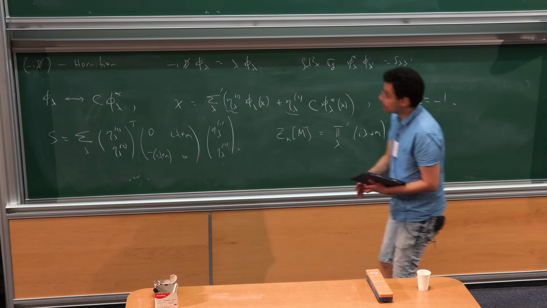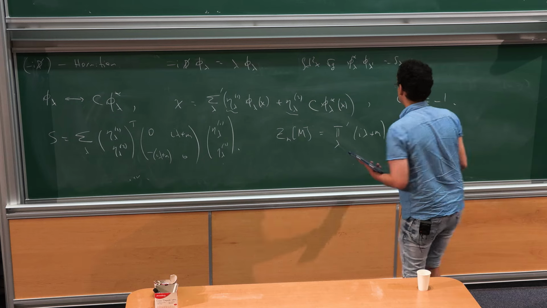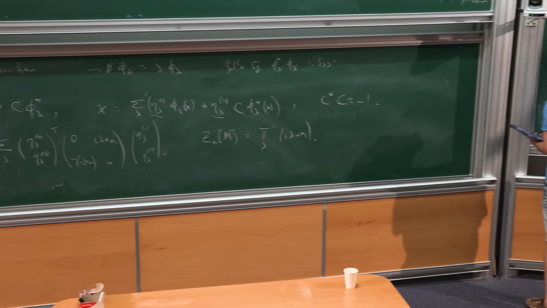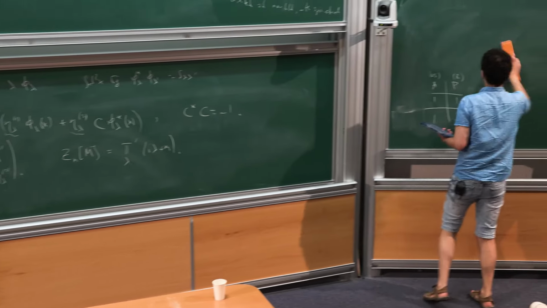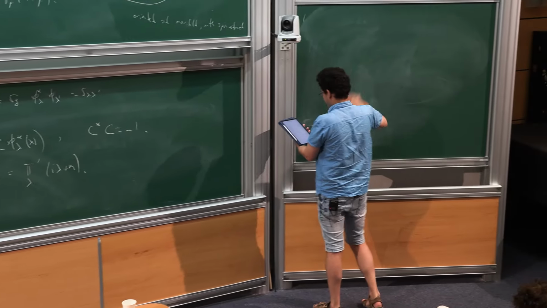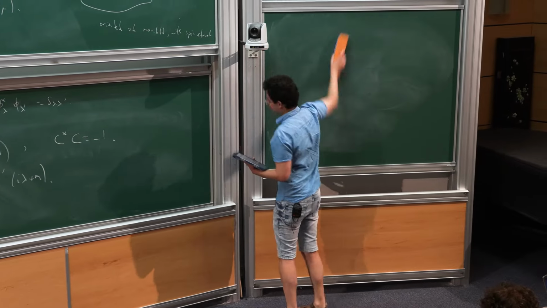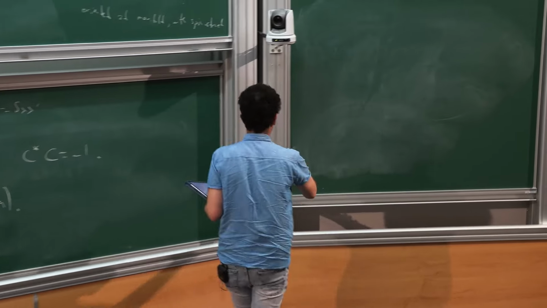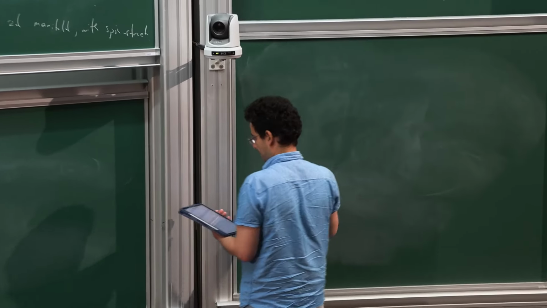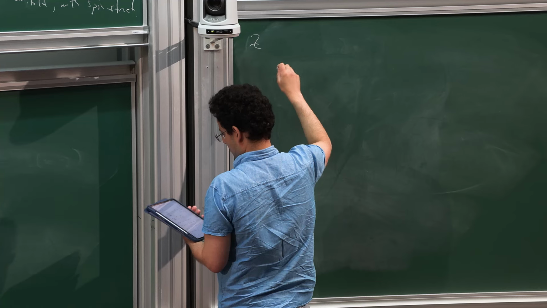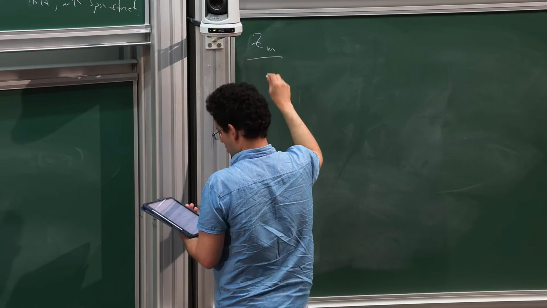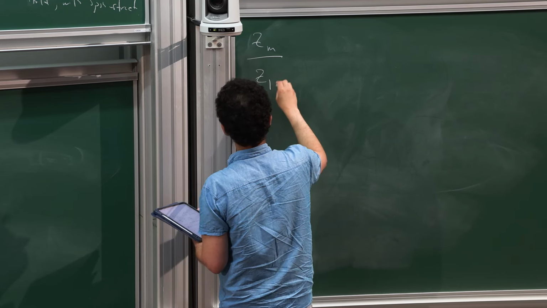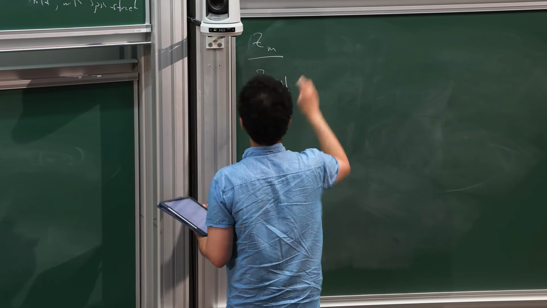So what I propose to do is look at the following ratio, Z of m over Z of some big mass M here.